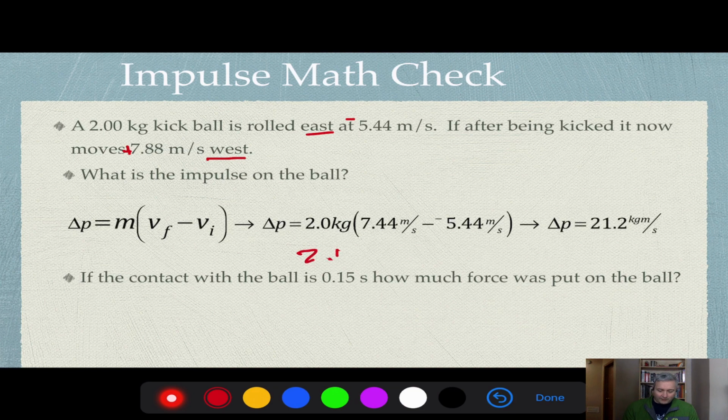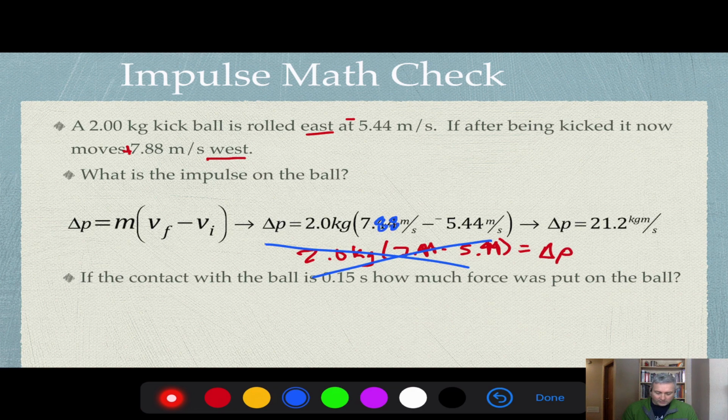It would be wrong if we did this: 2 kilograms, 7.88 minus 5.44 equals delta P. Okay, that's wrong because that's only a change of 2.44. You need to take into account the change in direction.